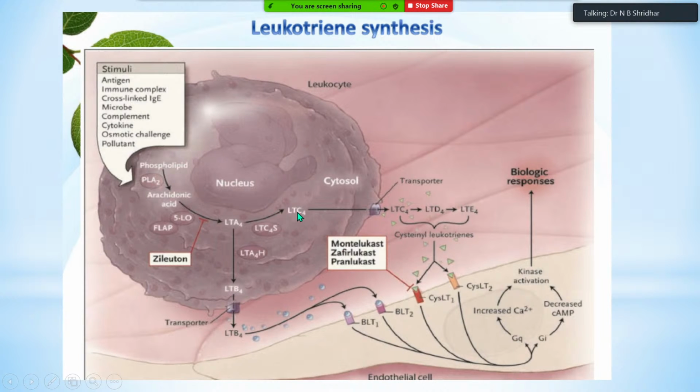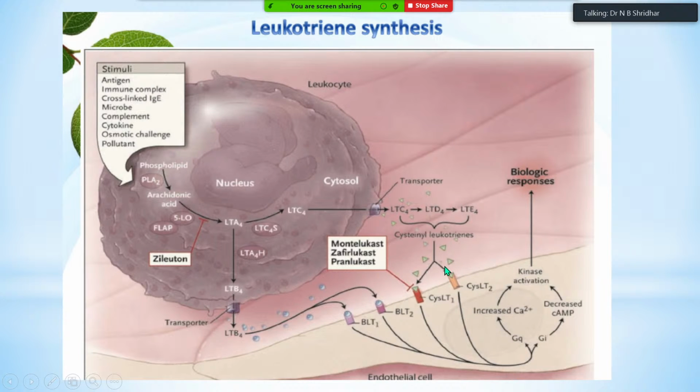Of course, here you can see that LTA4 is converted to LTC4, and LTC4 once again to LTD4 and LTE4, whereas the transporter proteins put these leukotrienes out of the nucleus, and they go to act on different types of leukotriene receptors.